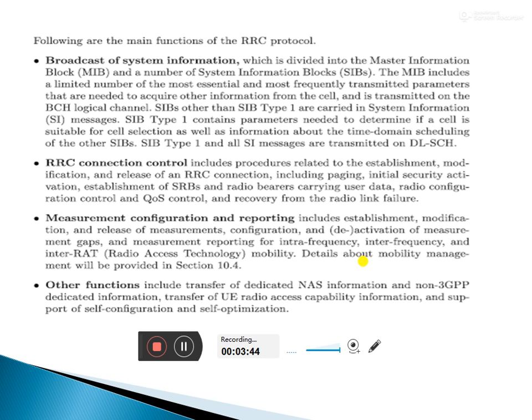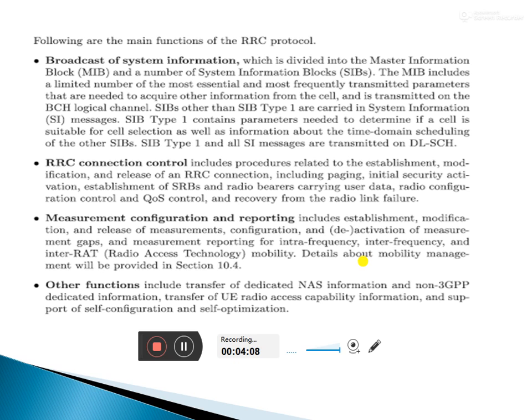The broadcast of system information is divided into two parts: first the master information block, and second the system information block.